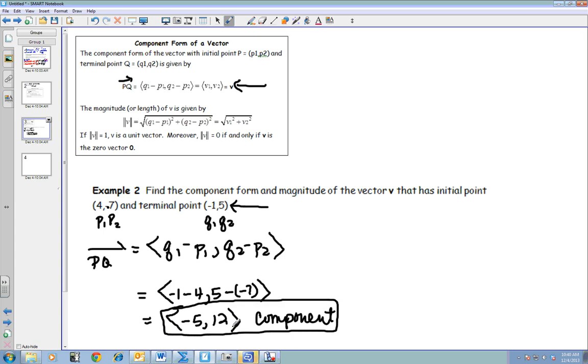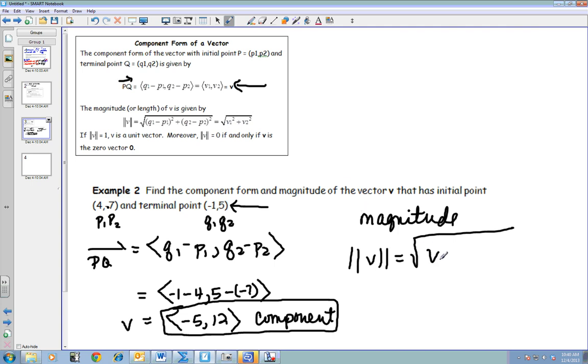Now we can use the component form to find the magnitude. Okay, remember magnitude is the same thing as length. So now I'm going to call this vector v. Vector v is this right here. So now I'm going to find the magnitude of vector v by using the distance formula. So remember that my initial point's at (0, 0), which just means when I use the distance formula, I can use the square root of v1 squared plus v2 squared, which are these numbers right here.